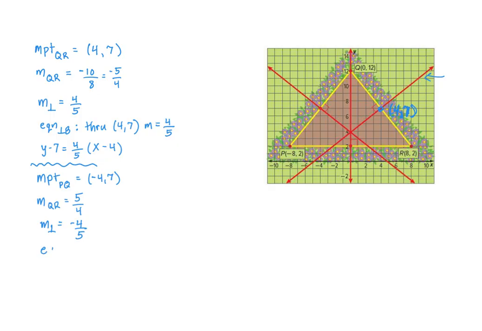And the equation of my perpendicular bisector is going to go through -4, 7 with a slope of -4/5. And that looks like y minus 7 equals -4/5 times x minus a -4, remember, so +4 in the point slope equation.